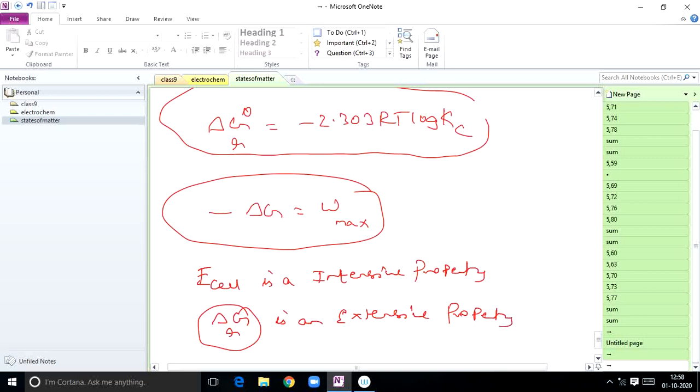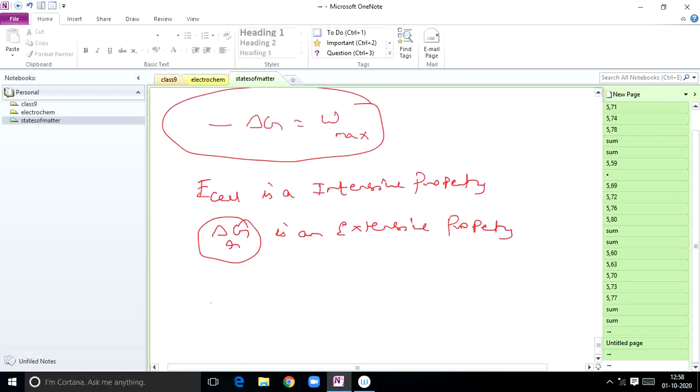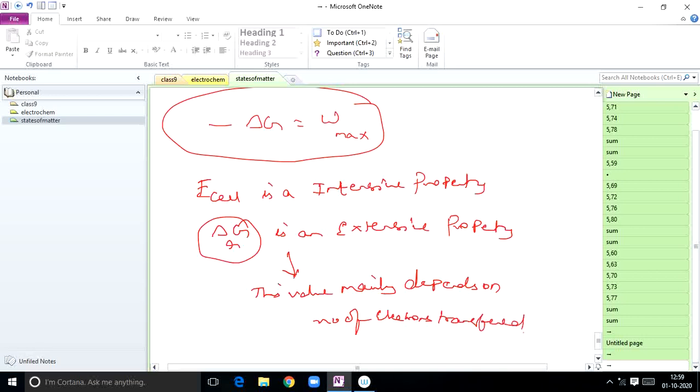Delta G R is an extensive property and its value mainly depends upon the number of electrons transferred. That is very important, students.